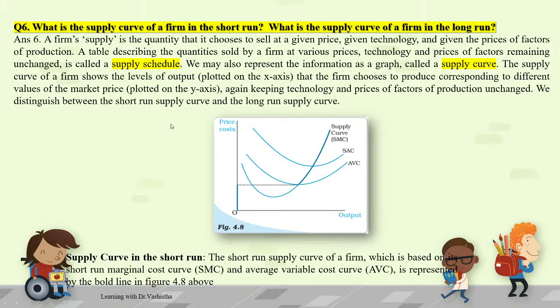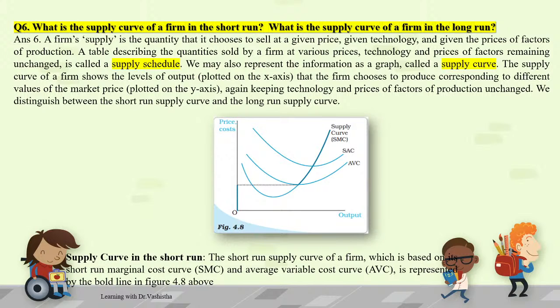A firm's supply is the quantity that it chooses to sell at a given price, given technology, and given the prices of factors of production. So whatever output a firm chooses to produce, when the price, technology, and prices of factors of production are given, that becomes the supply of the firm.